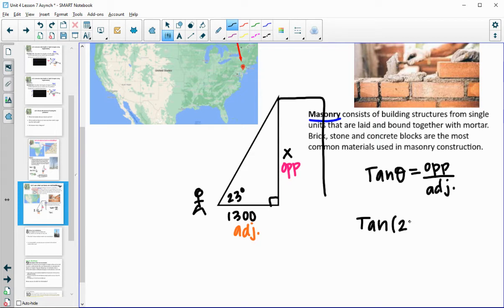So tangent of 23 is equal to x over 1300. Figure out tangent of 23 in your calculator, and you get 0.4245 equals x over 1300.